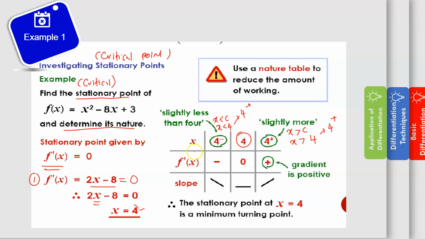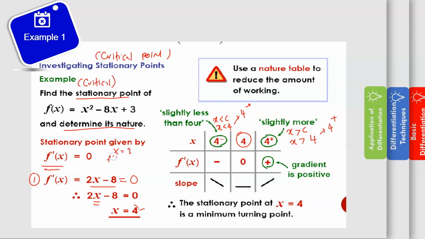For this one, when we compute our f'(x), you can take any value of x which is less than 4, and you need to substitute that value in your f'(x). Remember, in your f'(x), not in your f(x). So let's say I choose x = 3.